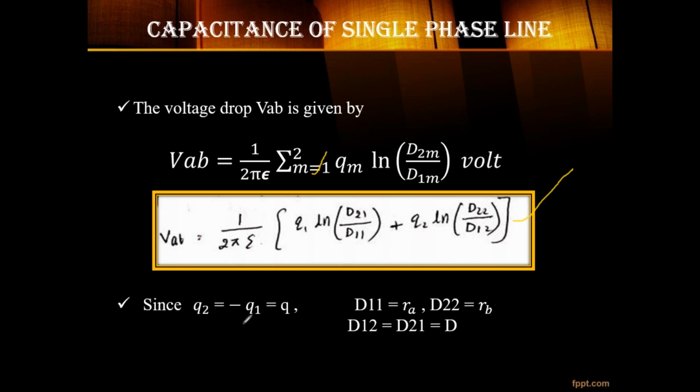Now we already know that the charges on the two parallel conductors are equal, but the sign is different. Here I am considering Q2 equals minus Q1, or simply Q. D11 is r_A, that is the self distance, and D22 is also a self distance, and D12 and D21 are the distance between the two conductors. Now if you substitute all these parameters in the above equation, let me see what we will get.